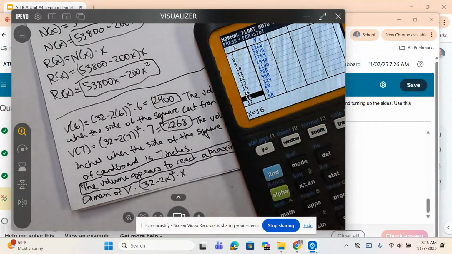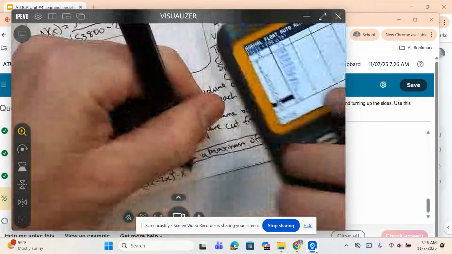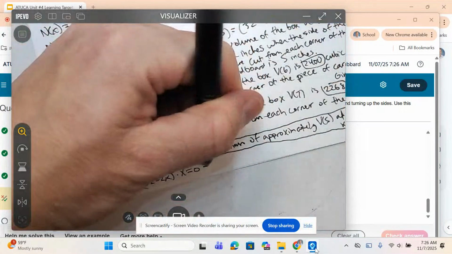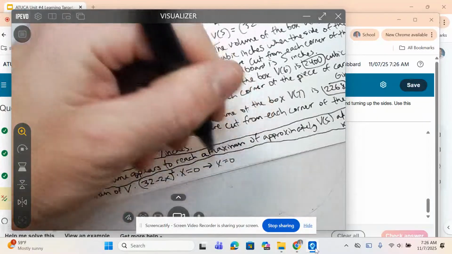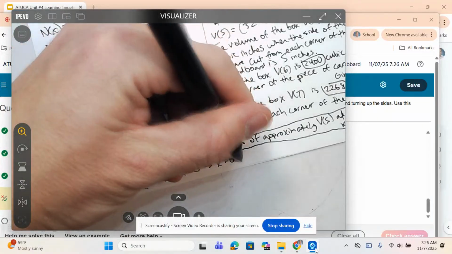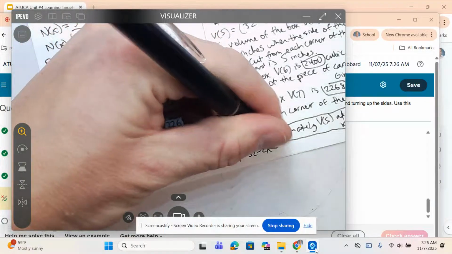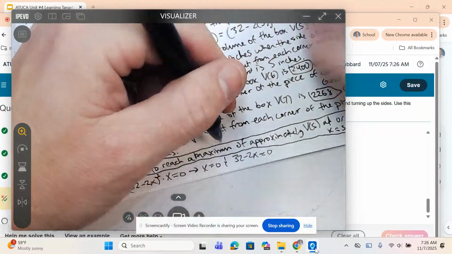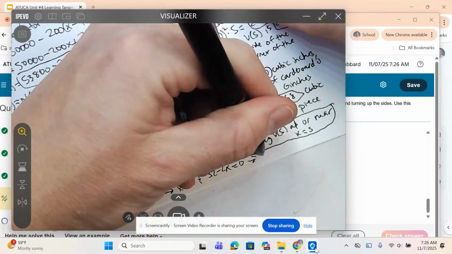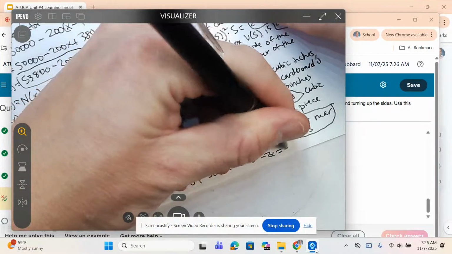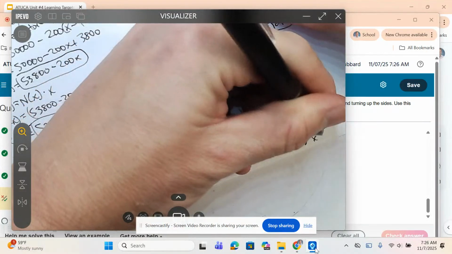We want to find the zeros. And so to find the zeros, you could set this equal to 0, and then we have x equals 0, which is one of the zeros, and 32 minus 2x equals 0. And this becomes negative 2x equals negative 32, which becomes x equals 16.